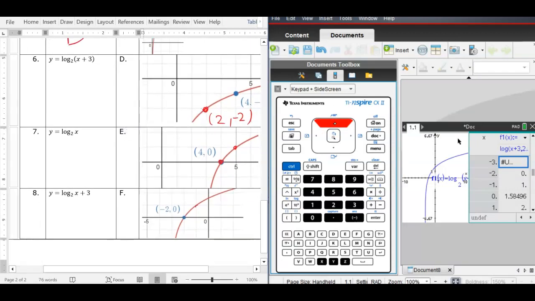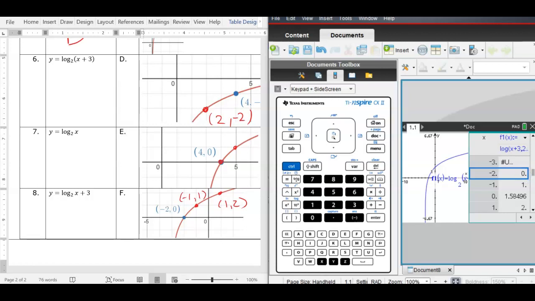And there it is. -1, 1, 1, 2. And then I also have -2, 0 already on there. So my best answer would be F.